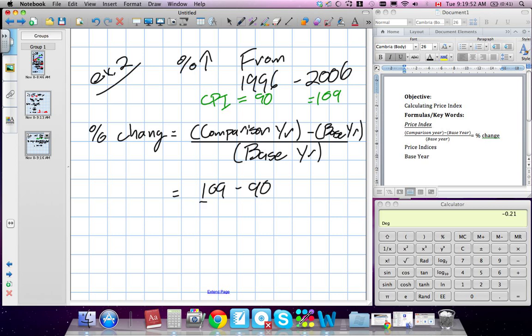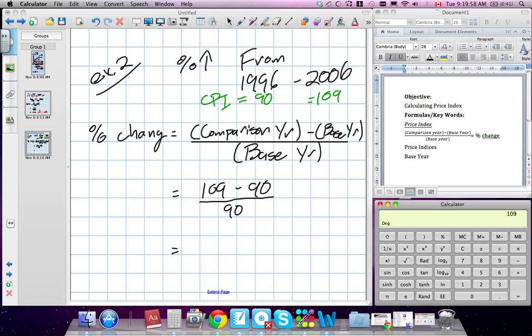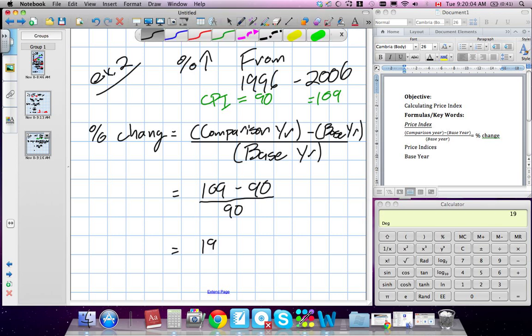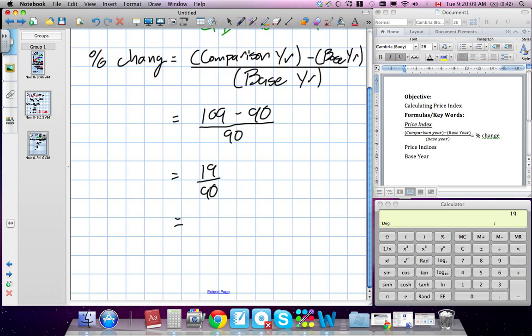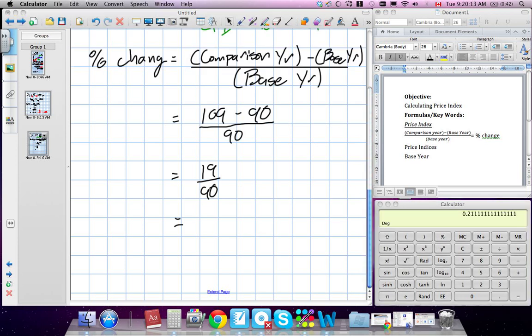Okay? So we take 109, subtract 90, equals 19. We have 19 divided by 90. 0.21. So 0.21 repeated. We'll just round it to that.